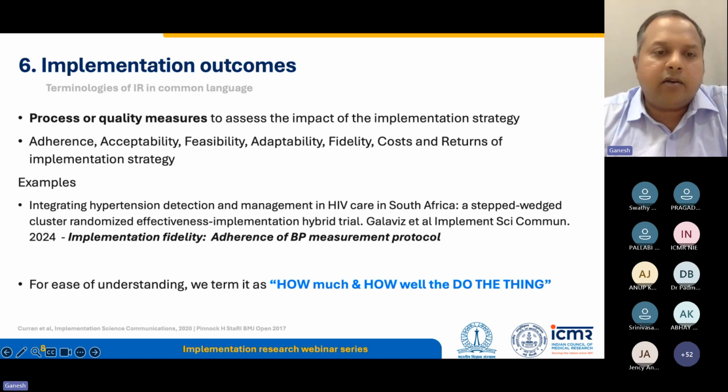This is what we are trying to tell as adherence, or in terms of acceptability, whether HIV patients find it acceptable when hypertension screening, management, and follow-up are introduced in their regular HIV clinics. It's an acceptability. So this is what we will study in depth, something called implementation outcome.